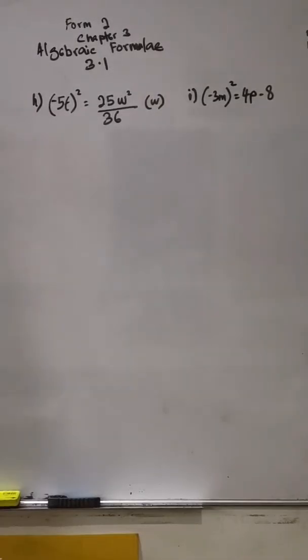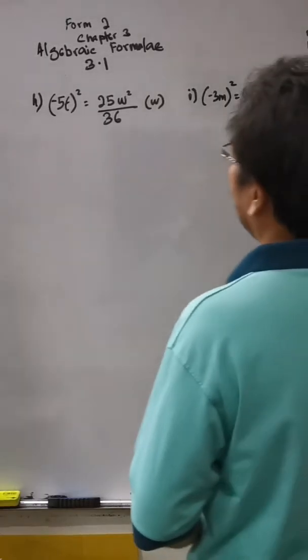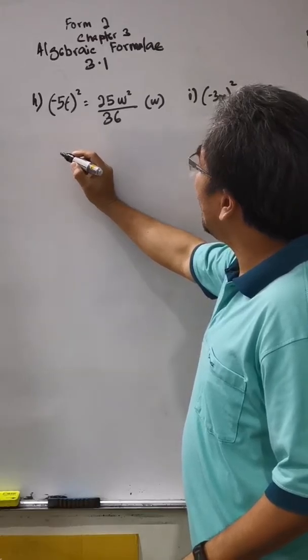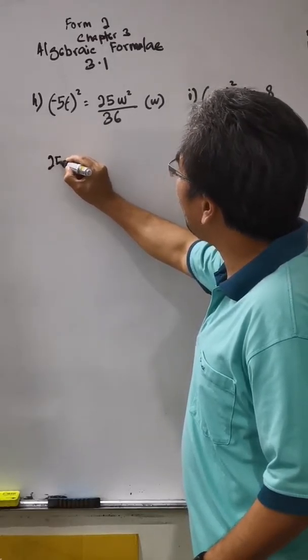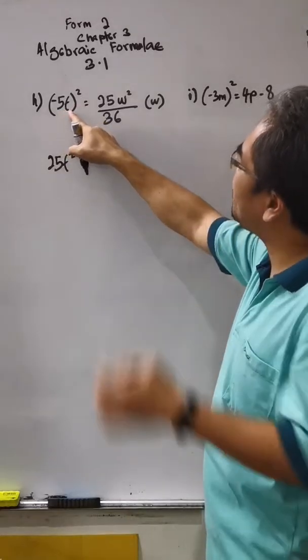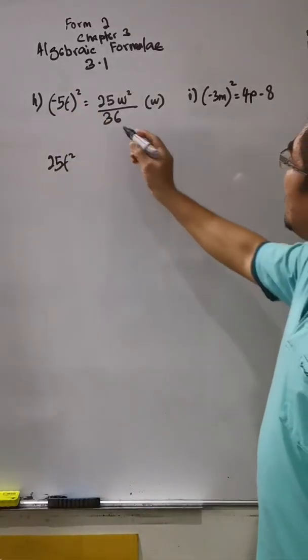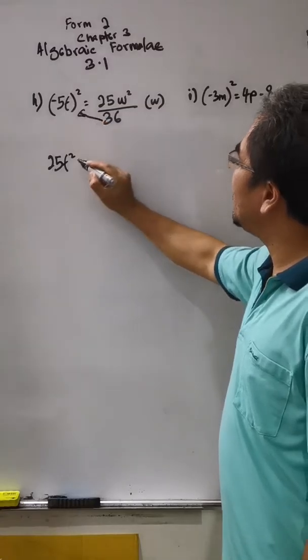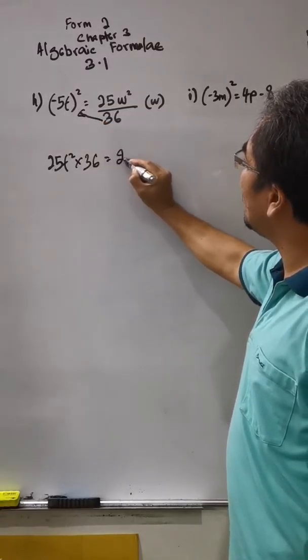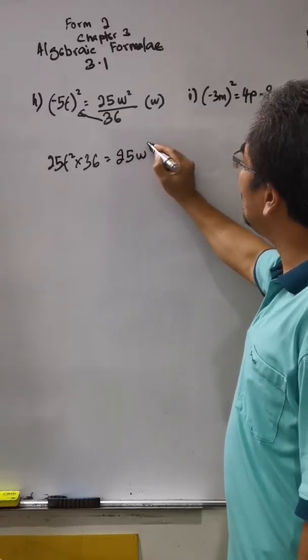H: negative 5t squared equals 25w squared over 36. So you expand this first, and so you get 25t squared, because squared here means negative 5t times negative 5t. Then at the same time, you can move the 36 to become times 36. So you have 25w squared.